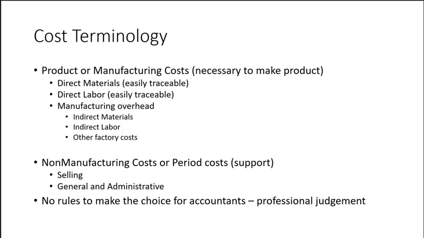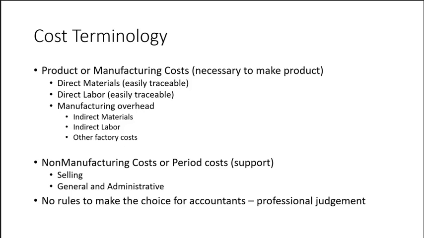Now, important difference is product and manufacturing costs are going to go into inventory, which means that they are sometimes referred to as inventoriable cost, and then to cost of goods sold. Non-manufacturing costs or period costs are referred to as period costs because they go directly to the income statement.